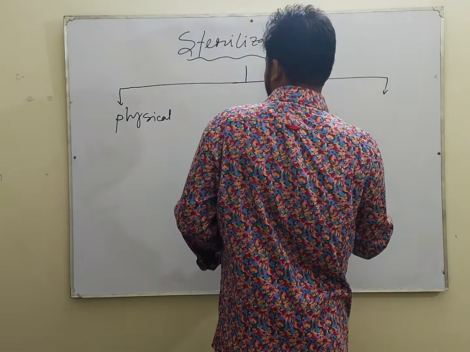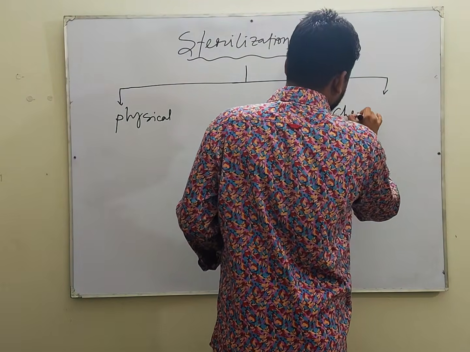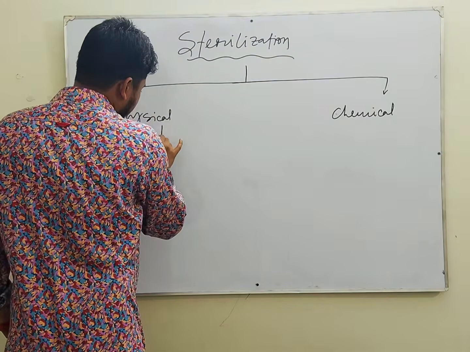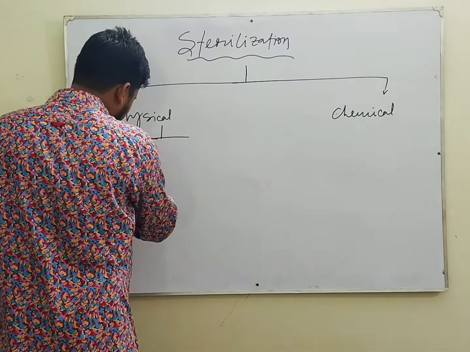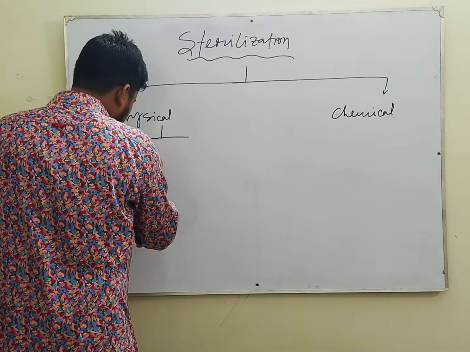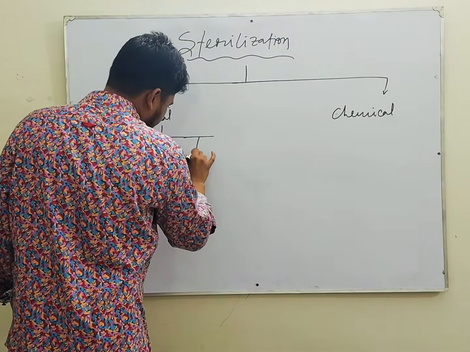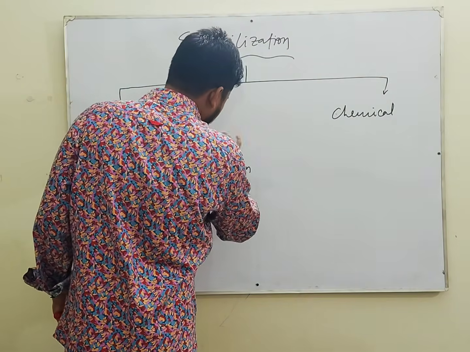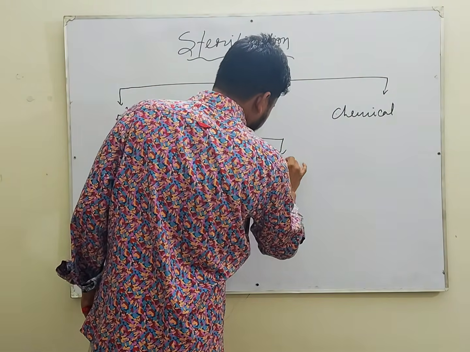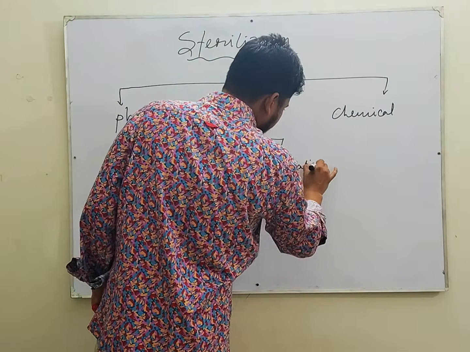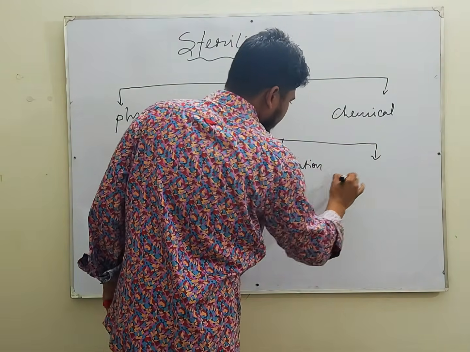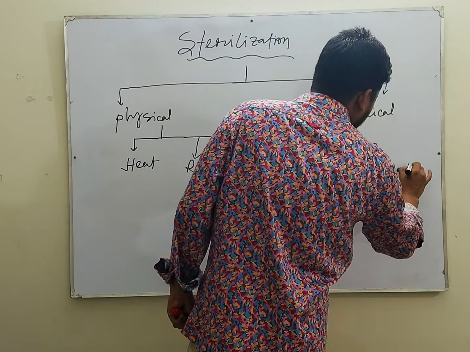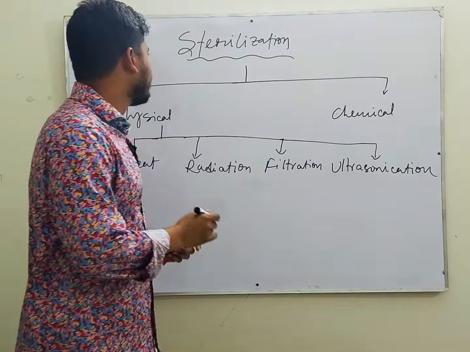Sterilization is two types. Number one, physical sterilization. Number two, chemical sterilization. Physical methods are four types: heat, radiation, filtration, and ultrasonication.